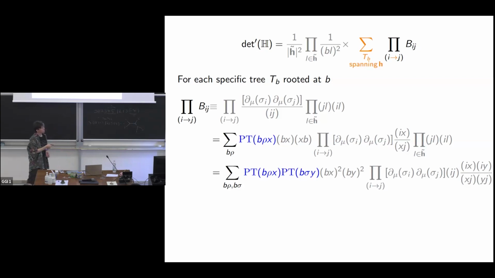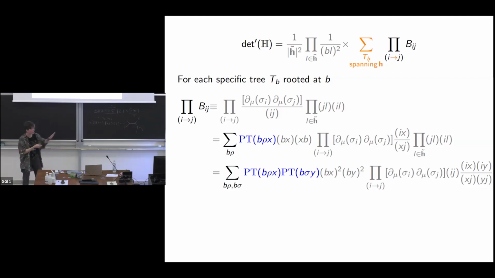From the start, this is equal to this product here. And now I will just keep pulling out 1 over ij's using the previous proposition, which then turn into Parke-Taylors. So doing this once, we get this kind of object, and doing this again, at the cost of introducing this ij here, we get another Parke-Taylor factor.